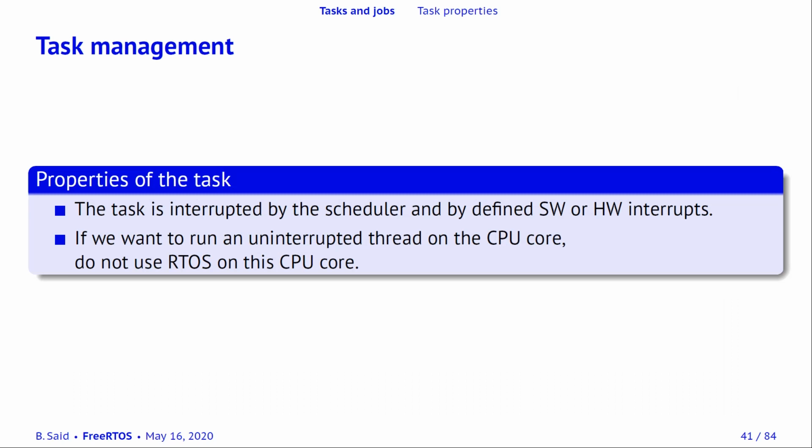We have to keep in mind that the tasks can be interrupted by the scheduler and by other defined software or hardware interrupts. If we want to run an uninterrupted thread on the CPU core, then we can't use the real-time operating system on this CPU core.